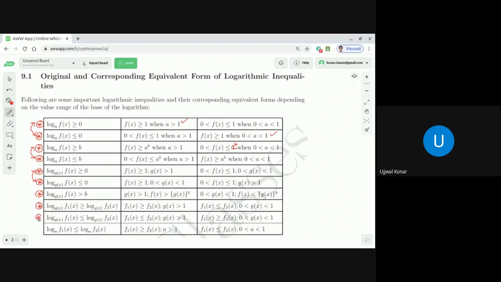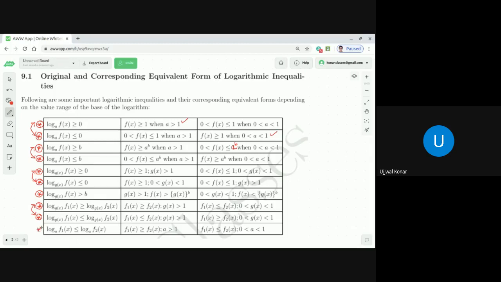So as you see, dear students, these two inequations are equivalent forms of each other. If you know the one, you can derive the other. Now the next one is that log of f1x base a is less than equal to log of f2x base a, implying f1x greater than equal to f2x if a is greater than 1, and f1x less than equal to f2x if a is in between 0 and 1.